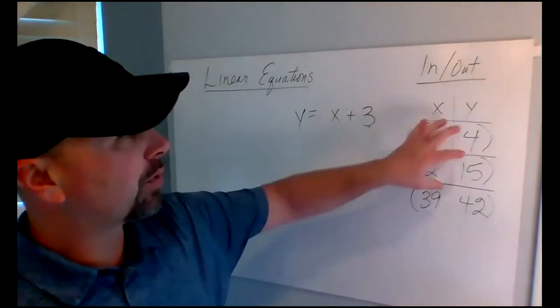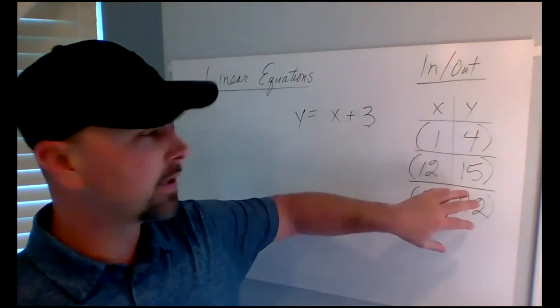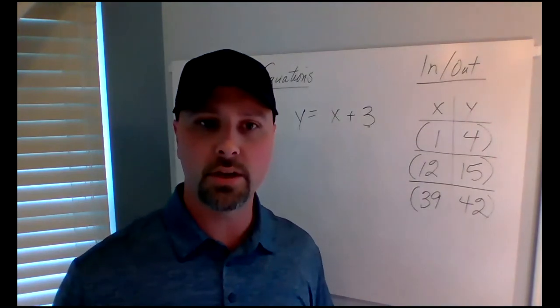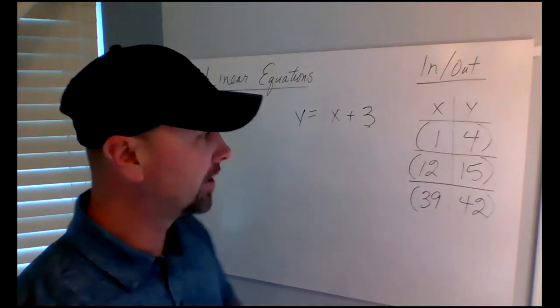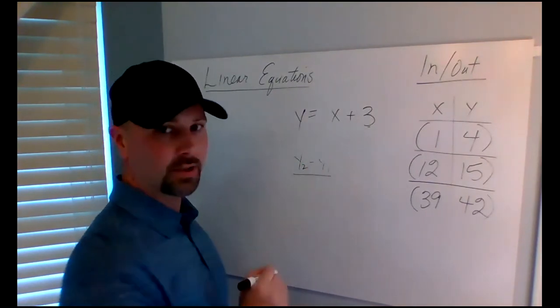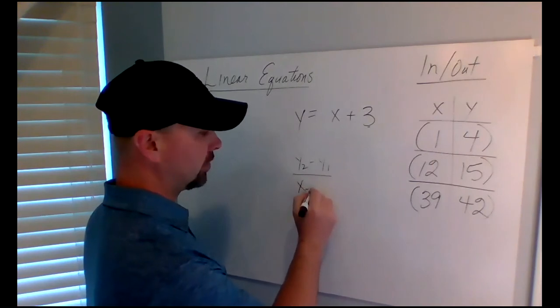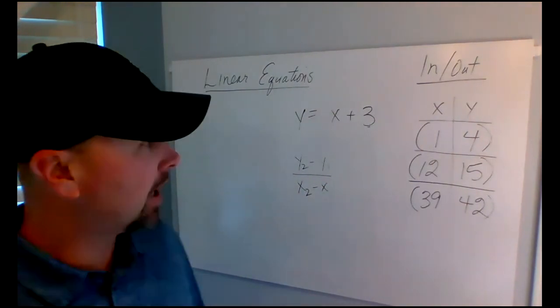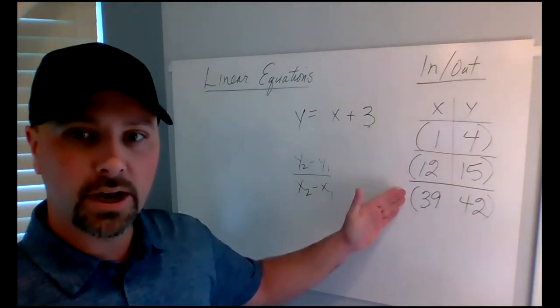If you remember, when we don't have a graph to look at and we're just using coordinates, we go to the formula sheet and pull up the slope formula, which is y2 minus y1 over x2 minus x1.